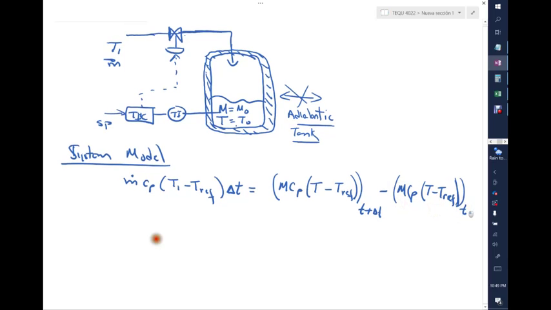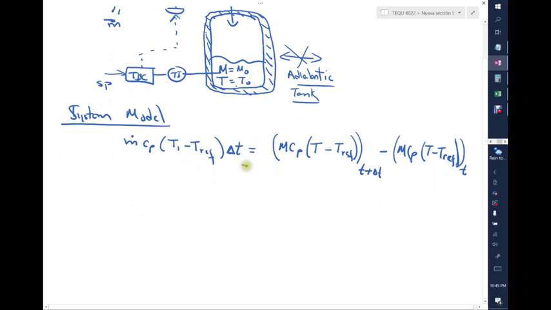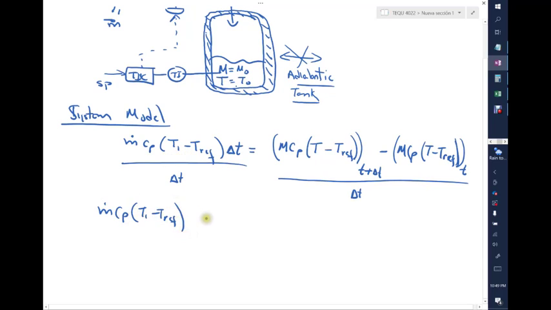What's going to happen is, if you divide by delta t on both sides, then you end up with m dot Cp (T1 minus T reference) equal to the limit as delta t approaches 0. This is the definition of the first derivative.